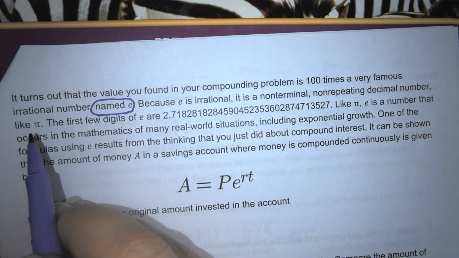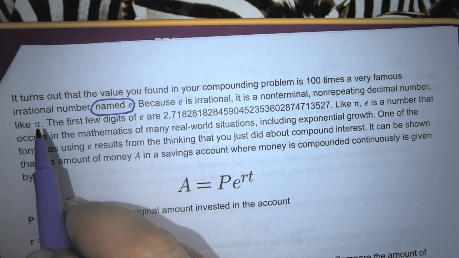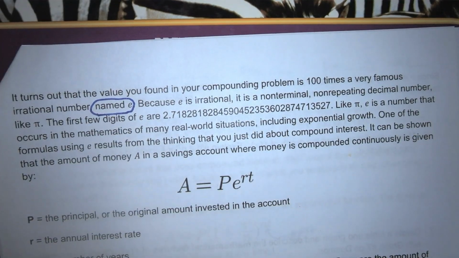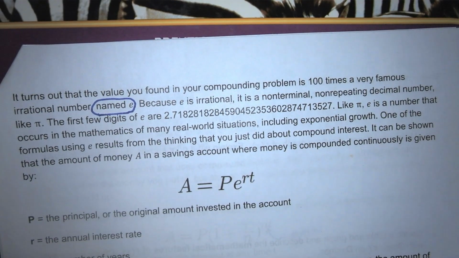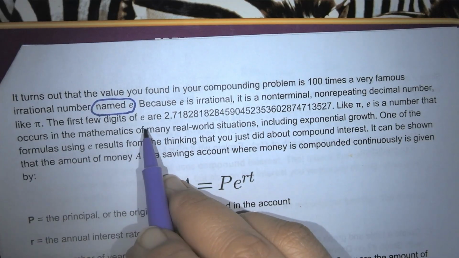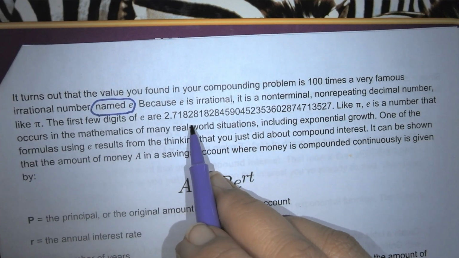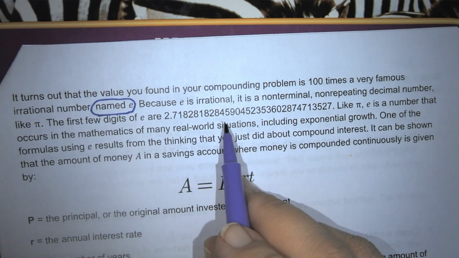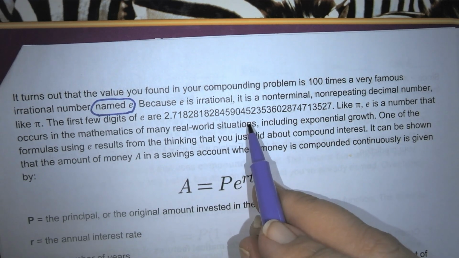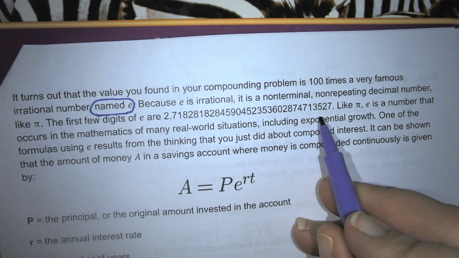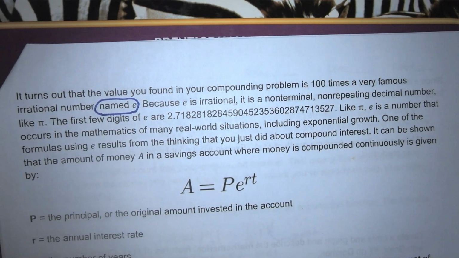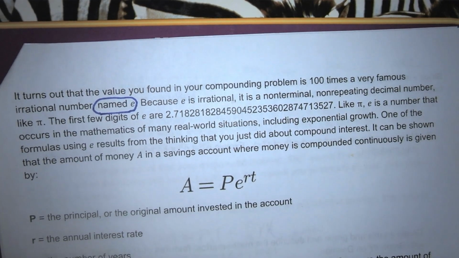You've seen pi before, 3.14159, blah, blah, blah. No patterns, doesn't repeat, never ends, so you just keep going. The very first few digits of e are 2.718281828459... Those are the first few digits. It just keeps going forever.